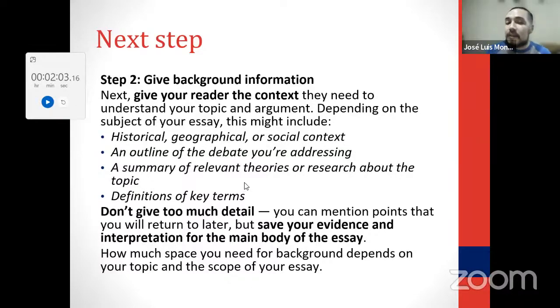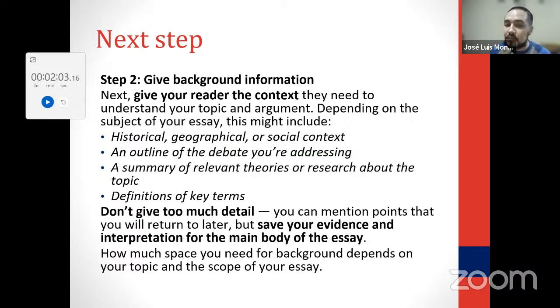So here again, you're going to expand your information, but you're not going to give details. You're just going to give a background. It can be historical, geographical, social background. It can be an outline of the debate you're addressing. It means you're going to mention more or less what you're going to talk about in your essay, or it can be a summary of theories, but in this case, it doesn't apply, right? If you're not mentioning any theories, you don't need that.